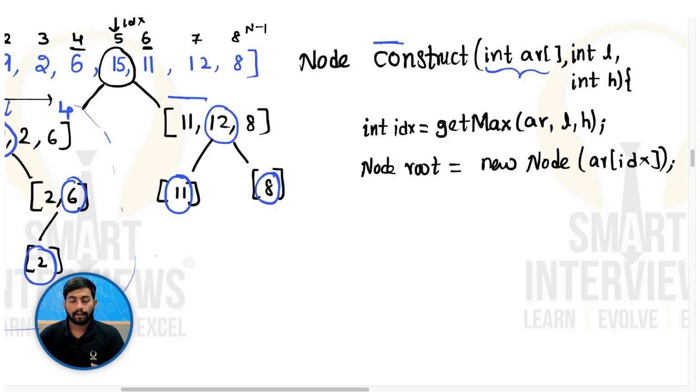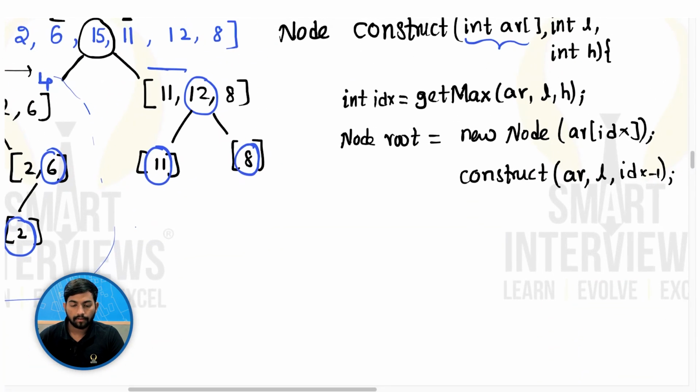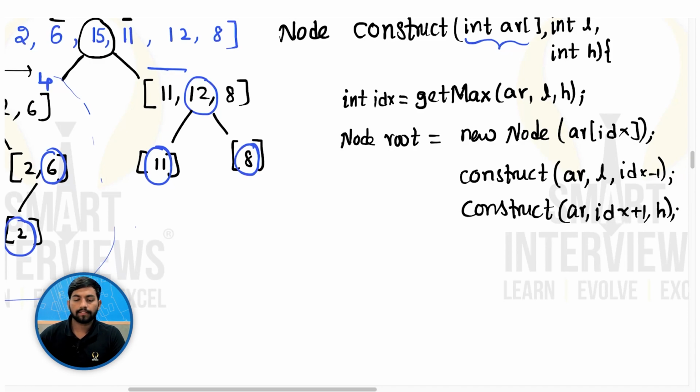After creating the current root, we should create the left subtree and right subtree. So I'll call the construct function again with array. Low remains same, high will be idx minus 1. Right subtree, construct function with array. Low will be idx plus 1, high remains same.